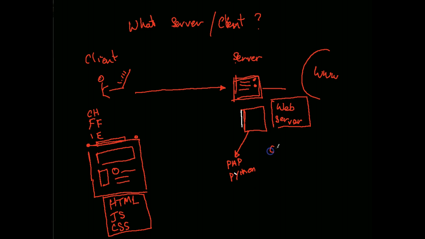There's CGI, and you can even use JavaScript again, and different things like this. But these special languages here are called server languages. Basically, they allow you to write this stuff. Now that might not make much sense.